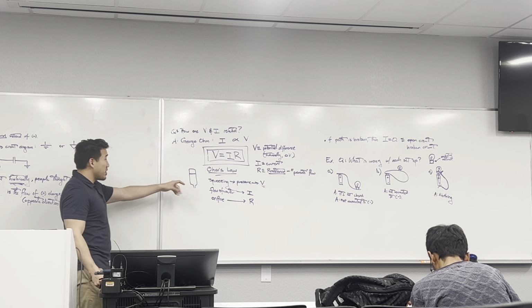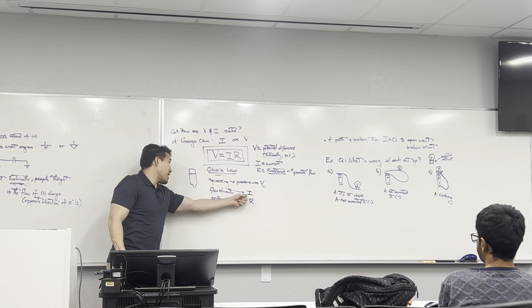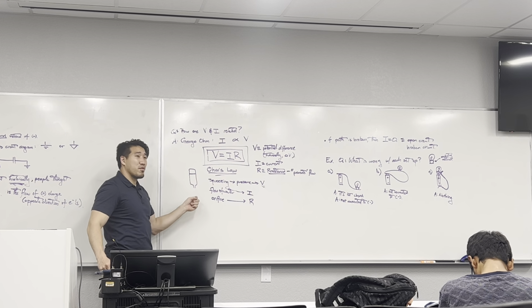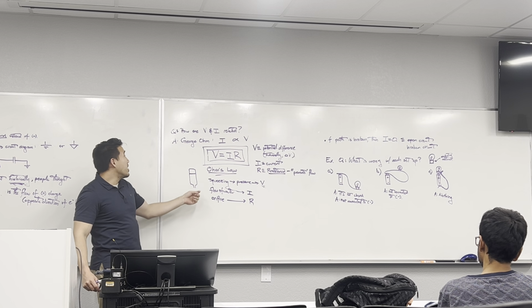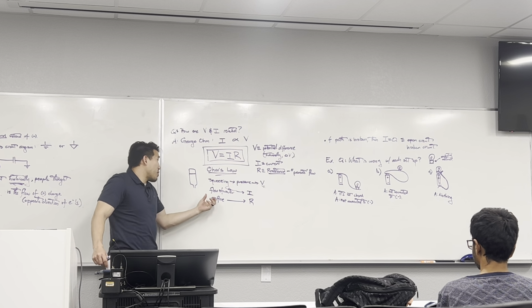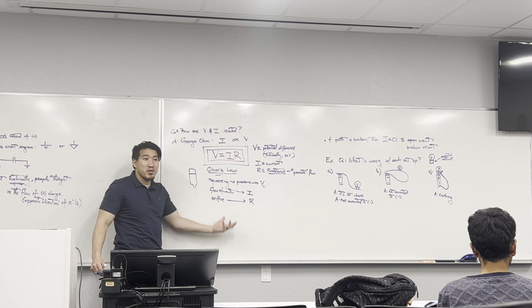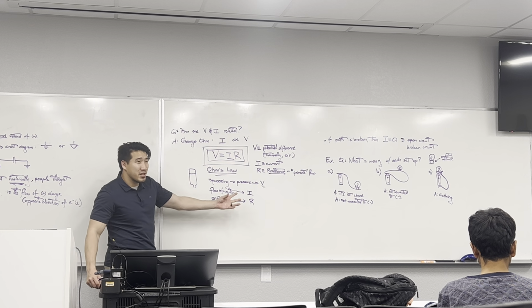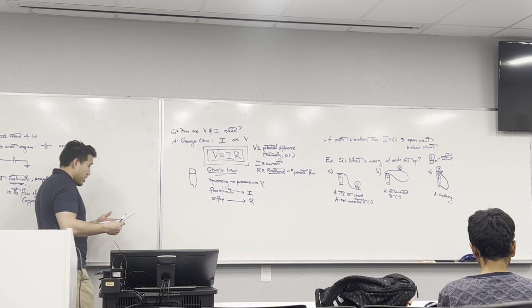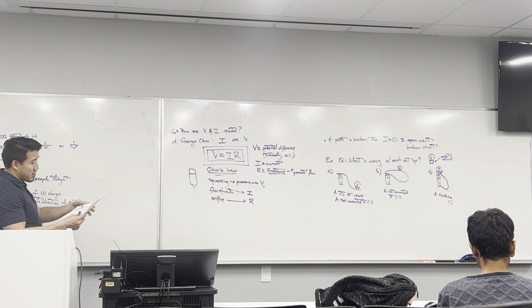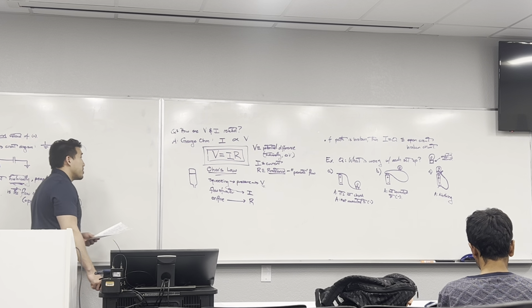V is like the squeezing of the water. I is really what we care about, and that's the flow of the water. And the resistance value is what prevents the water from being able to flow to its maximum capacity, and that would be the opening, or in the electronic case, the resistance value.